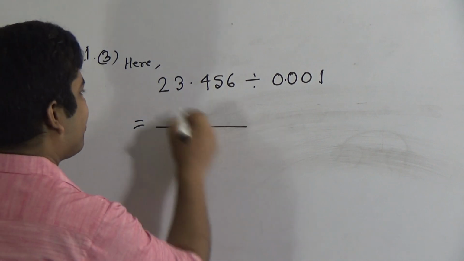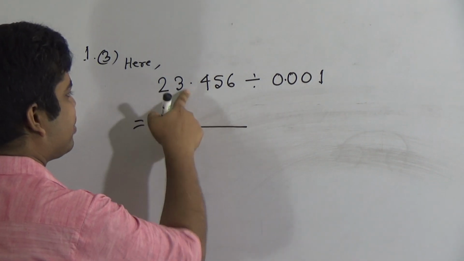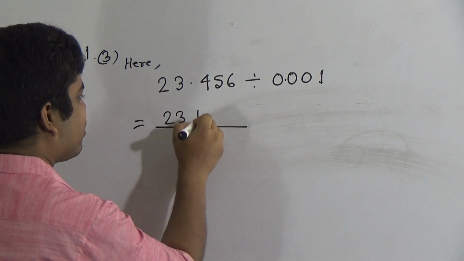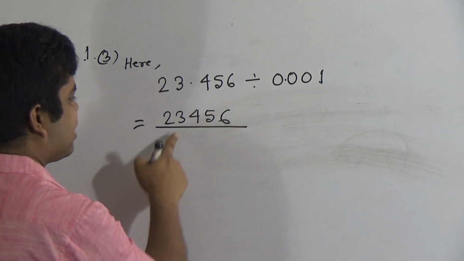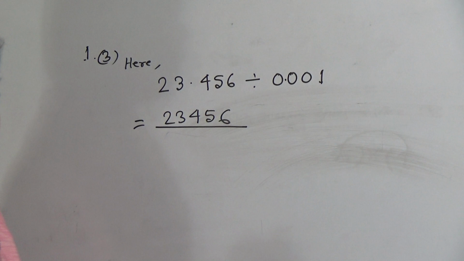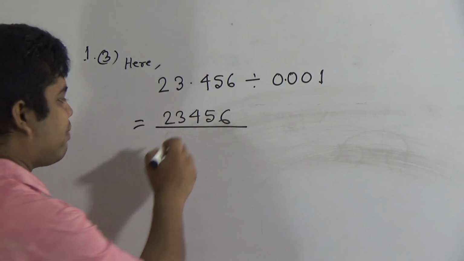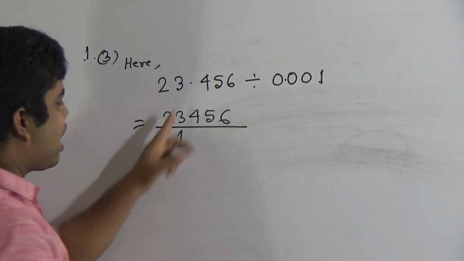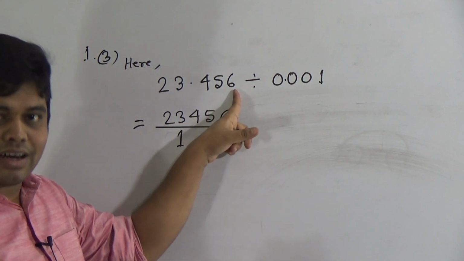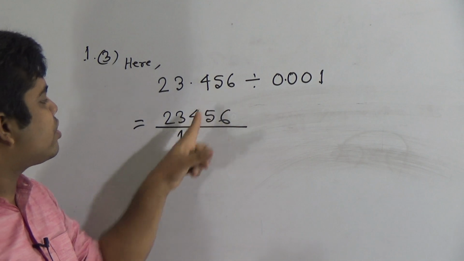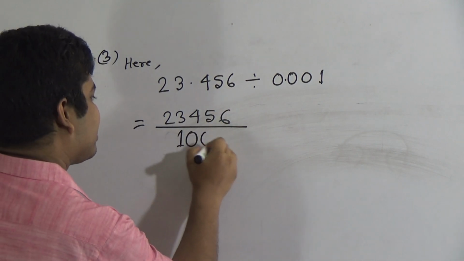So at first we write this number without point. So 2 3 4 5 6. Then we give a fractional sign. After that, for this point I write here 1, and after point how many digits are there? 1 2 3. So 000 is written here.